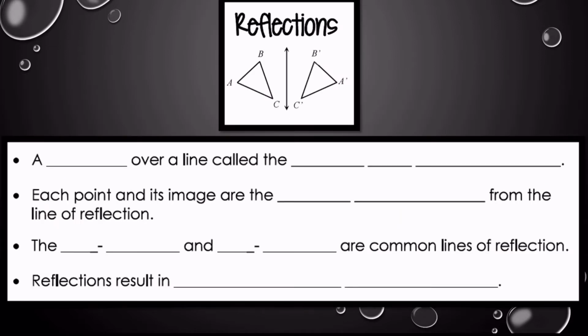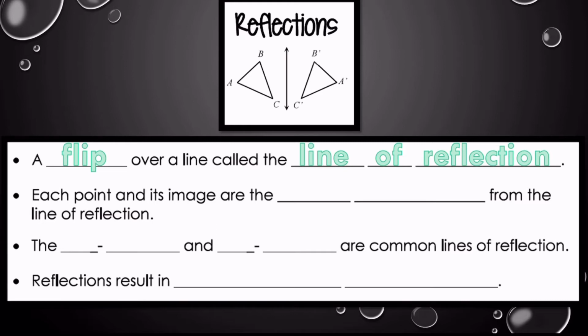So let's go to reflections. So a reflection is basically a flip. And we're going to take our shape and we're just going to flip it. Some of you noticed this in our classwork yesterday. So we're going to flip it over a line called the line of reflection. So based off whatever they tell us, okay, we then flip it directly over that line.